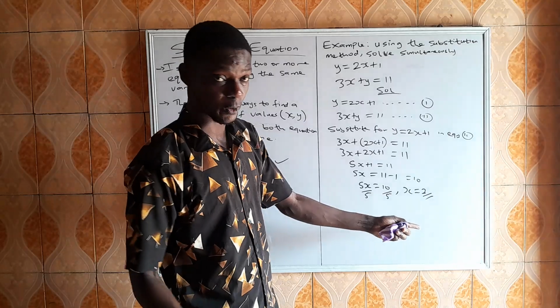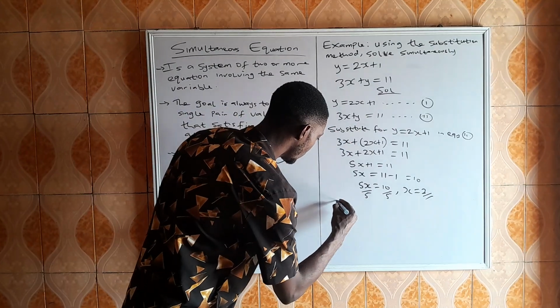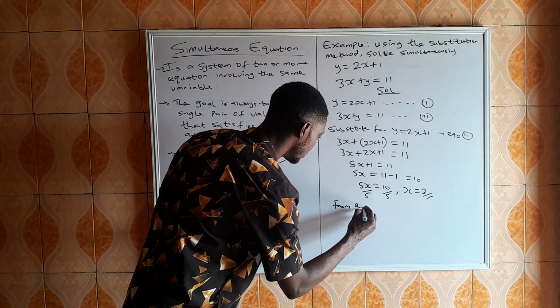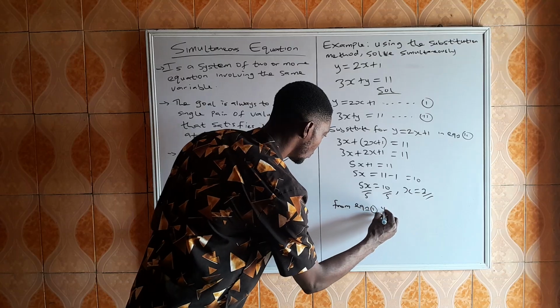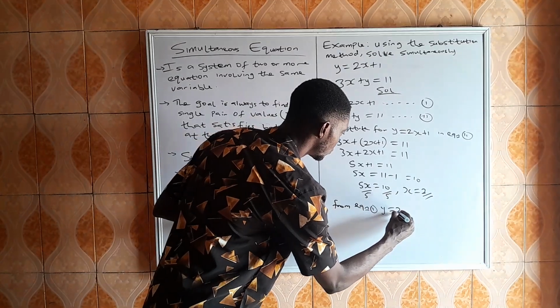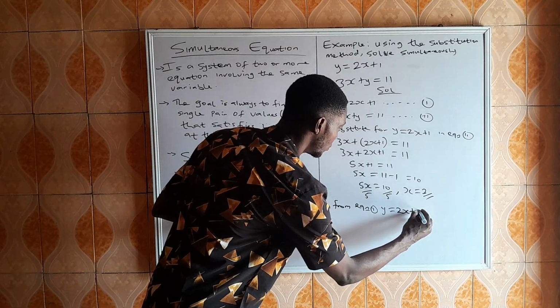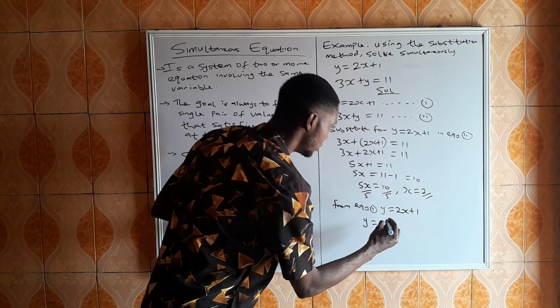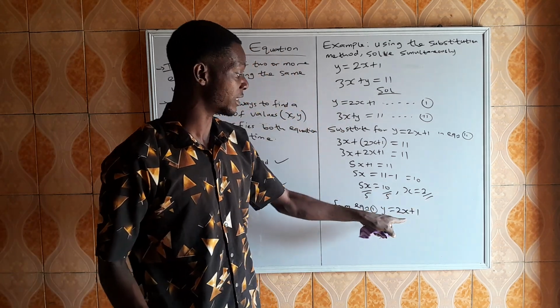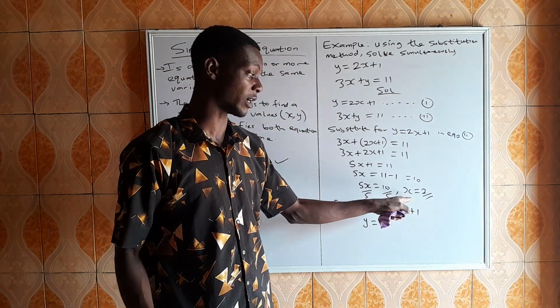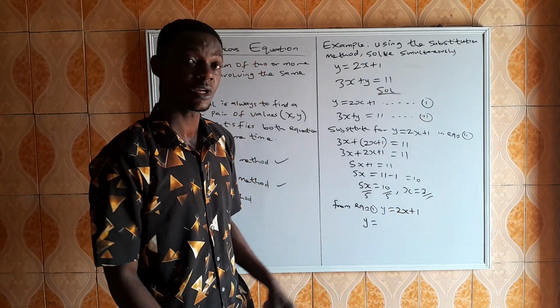Now, we want to find the value of y. Recall, from equation 1, y equals 2x plus 1. Anywhere you see x in this expression, we say our x value is equal to 2, so you put 2 for it.